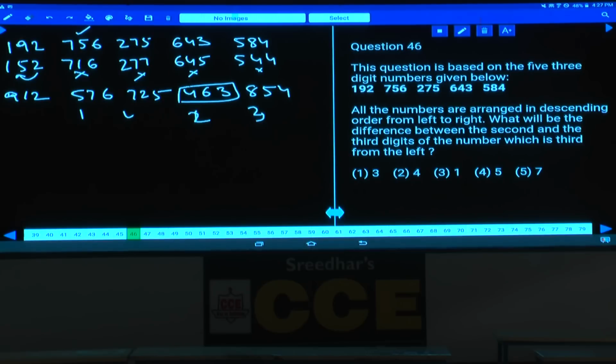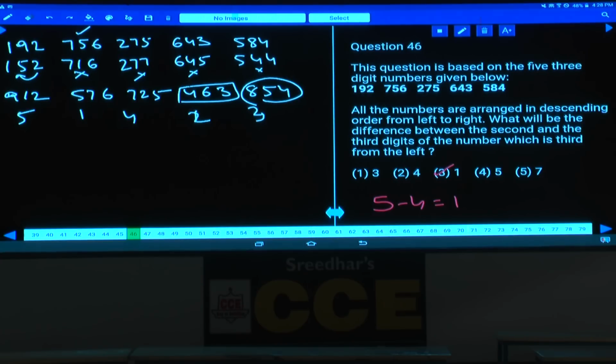What will be the difference between the second and the third digits of the number which is third from the left? Third from the left is 854. The second digit is 5 and the third digit is 4. 5 minus 4 is 1. Choice 3. Question number 46, choice 3 is the answer.